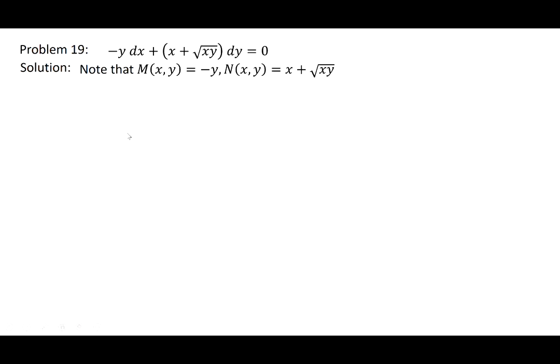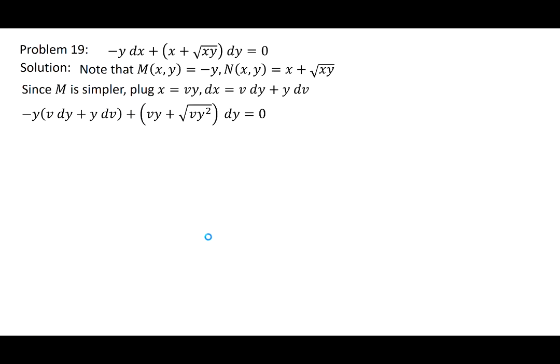So we do this, and now since M is simpler, because M is just simply negative y, we'll plug in x equals vy and dx equals v dy plus y dv. Cool. And when we do, we get this, and I just multiplied everything out, and then I noticed that there is a negative vy dy and there's a positive vy dy.